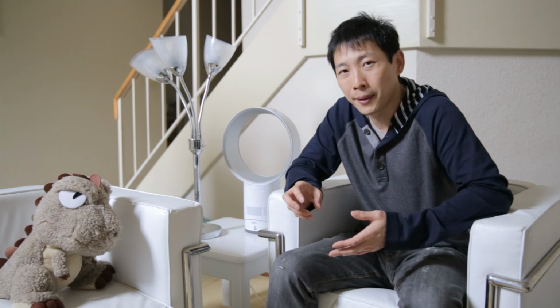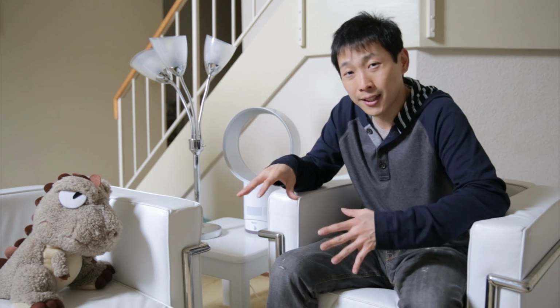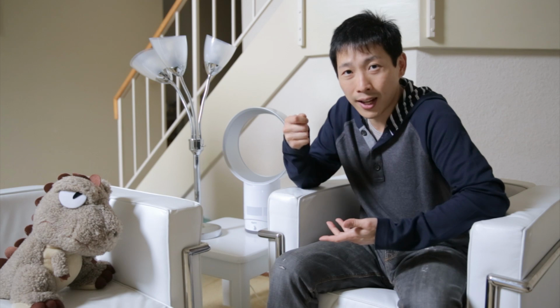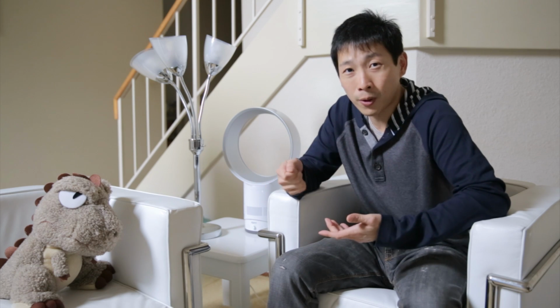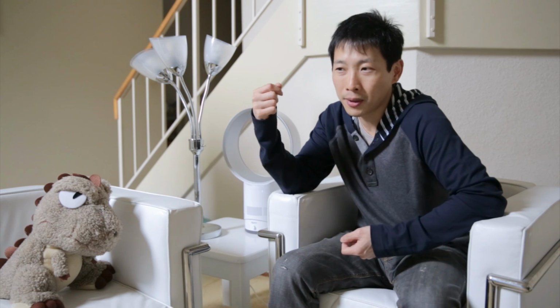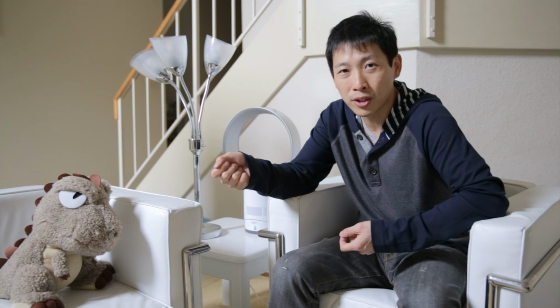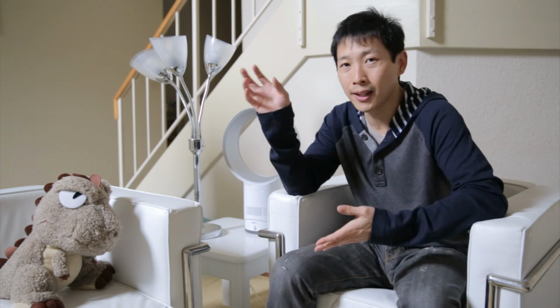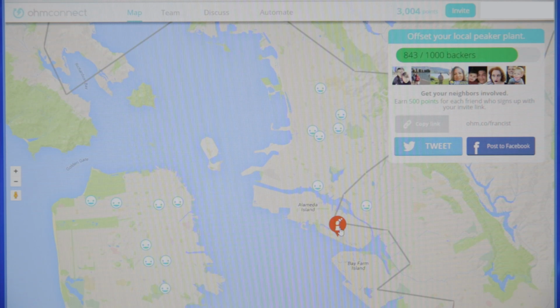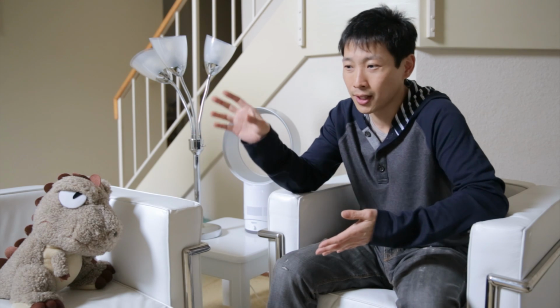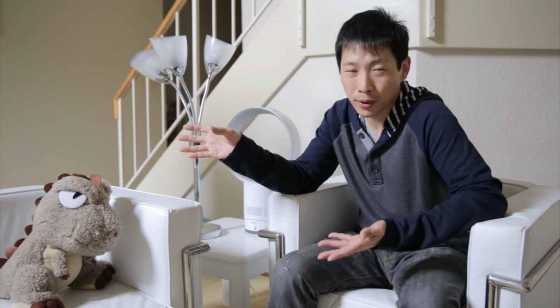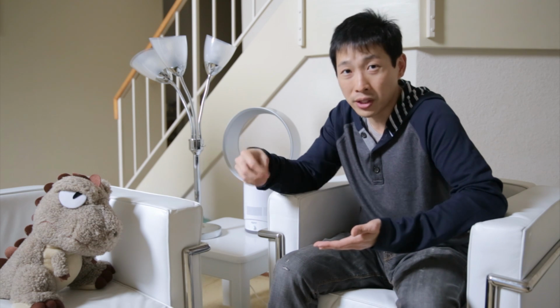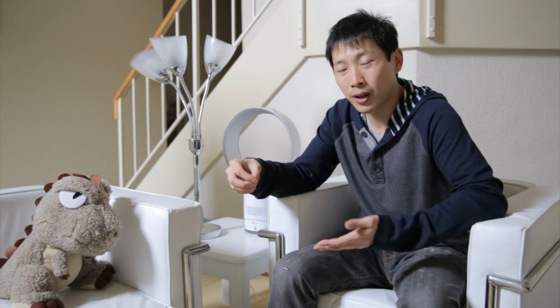So what ends up happening is that PG&E and Edison contract out this energy capacity. When they need more, they go, hey, I'm gonna pay this company so much money for a megawatt of capacity. Instead of paying this dirty power plant maybe $150 per megawatt, they can pay this OhmConnect company $100 per megawatt in order to just reduce the usage by 1 megawatt.